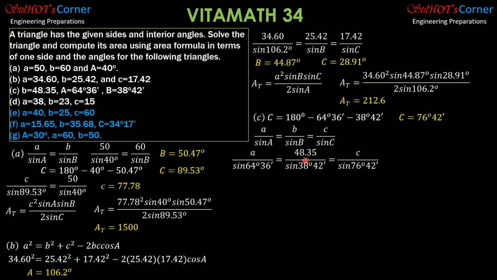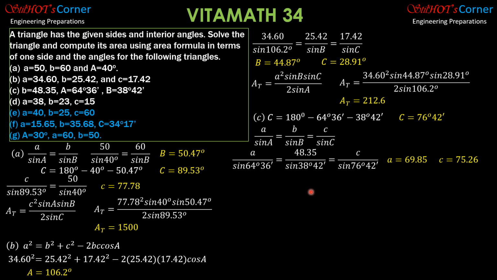So using the calculator, A is 48.35 sine 64 degrees 36 minutes over sine 38 degrees 42 minutes. So side A is 69.85 units. Then C is 48.35 sine 76 degrees 42 minutes over sine 38 degrees 42 minutes. So C is 75.26 units.